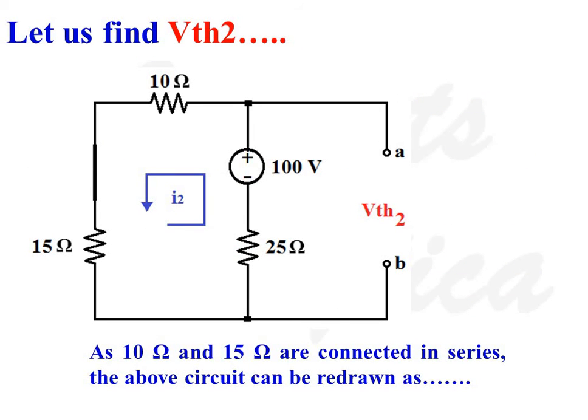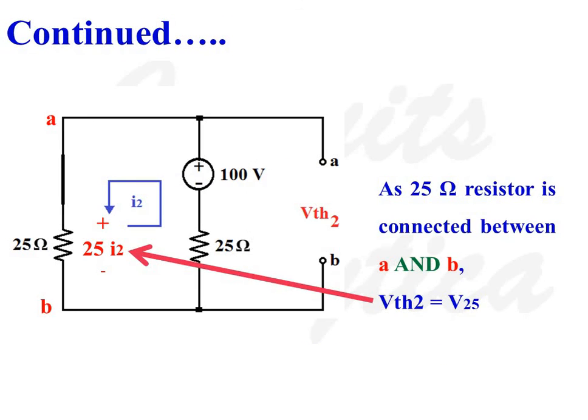Now let us find VTH2. To find VTH2, the 50 volt source is replaced with its internal resistance, a short circuit. Now we can see that the 10 ohms resistance and 15 ohms resistance are connected in series. So we can redraw this circuit as shown here.